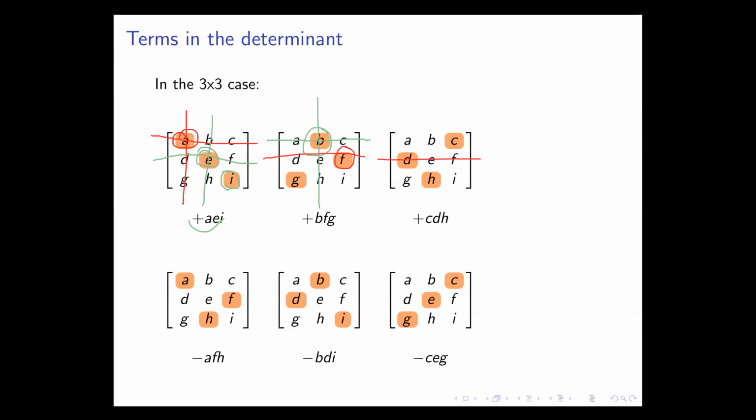So say we take B, and then in the BFG term we take the third element from the second row, and in the BDI term we take the first element of the second row, and so on. And then we just take the remaining one. Each of those terms works like that. And then there is a certain prescription for the sign, which I'll talk about in a second.